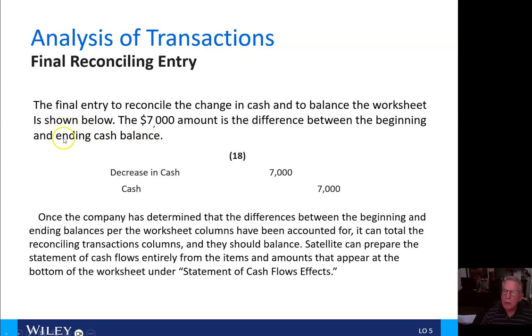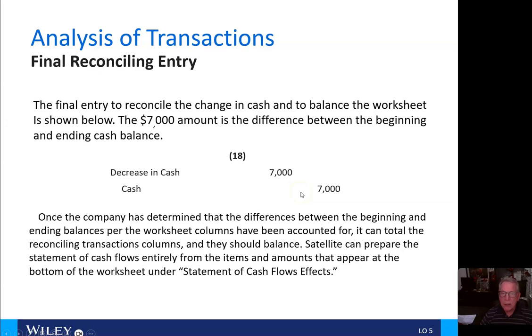The final reconciling entry to reconcile the change in cash and to balance the worksheet is the $7,000 difference between the beginning and ending cash balance. The decrease in cash then, in transaction 18, was $7,000, and the credit to cash was $7,000.